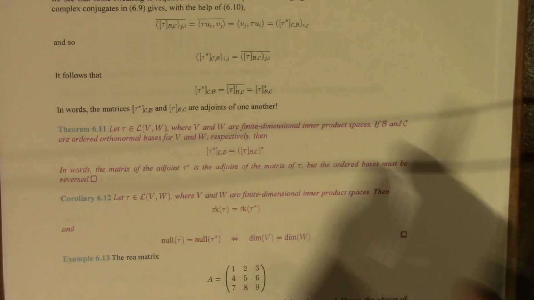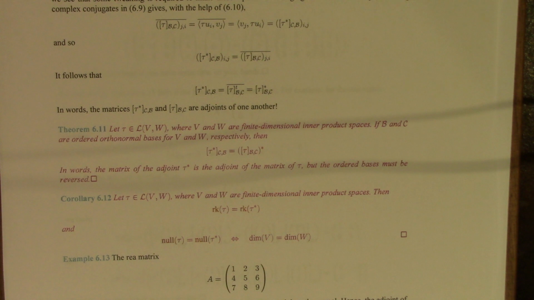That's very nice because we start with tau, we want its adjoint. We find a matrix representation with respect to any pair of orthonormal bases. All we do is take the complex conjugate, complex transpose. Okay, I'll get it right. Conjugate transpose. It's very early in the morning here.